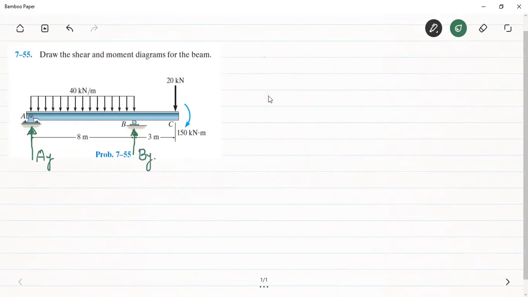So we also know that for the equilibrium of the beam, the summation of the forces in the vertical direction should be 0. Now the forces in the vertical direction are AY and BY, which are upward, and their summation has to be equal to the net force which is acting in the vertically downward direction.